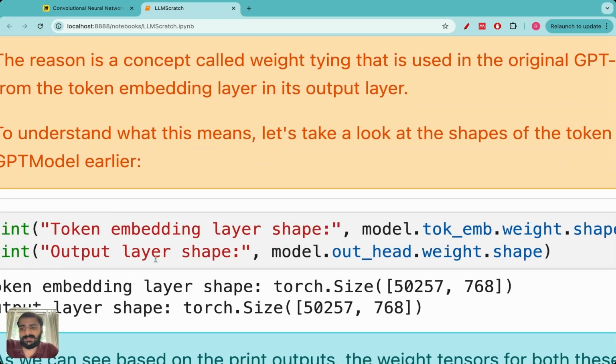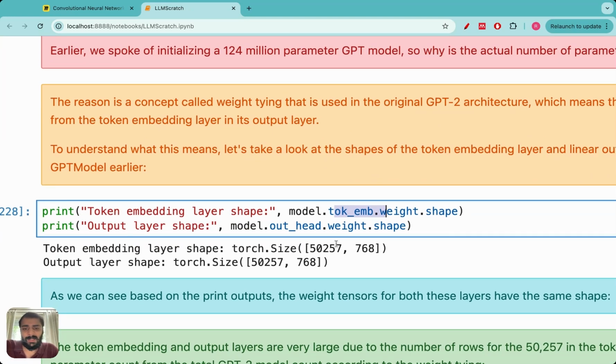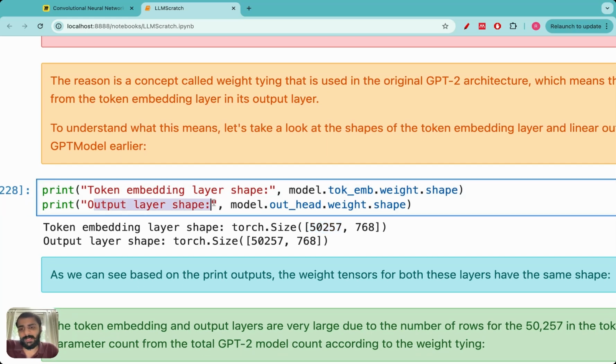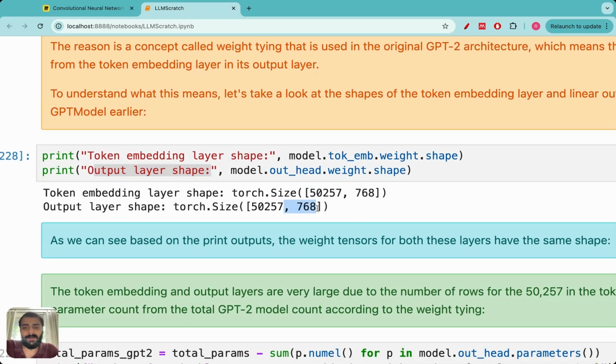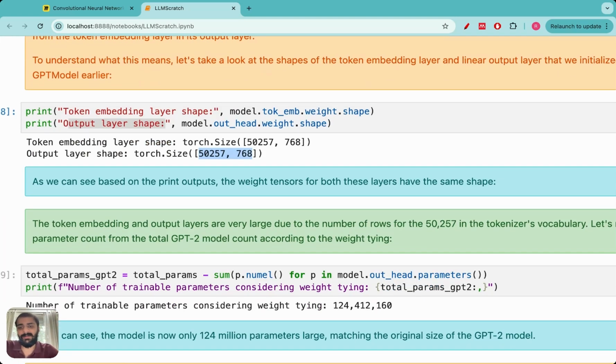We can actually print this out. In our case, we can print out the shape of the token embedding layer, and we can see that the embedding layer shape is 50257 by 768. We can also print out the output layer shape, and both have exactly the same shape. That's why in the GPT-2 model, they just reused these parameters.